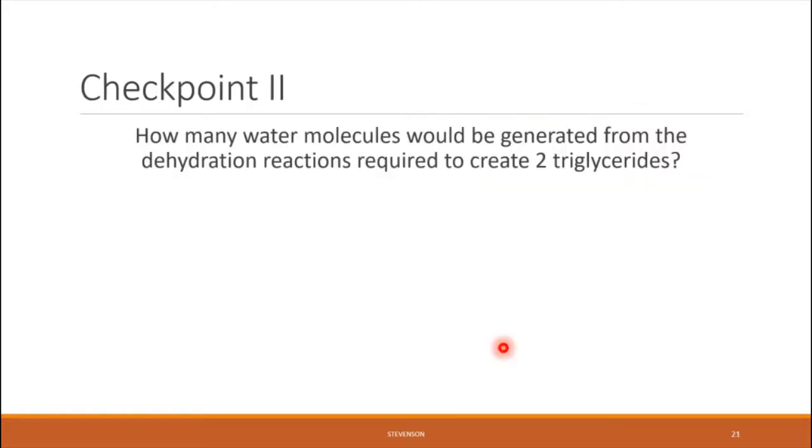So at this point, I have one more checkpoint for you about dehydration reactions and water molecules, which is how many water molecules would be generated from the number of dehydration reactions required to create 2 complete triglyceride lipids.